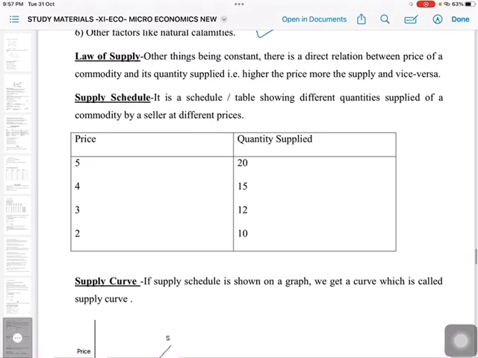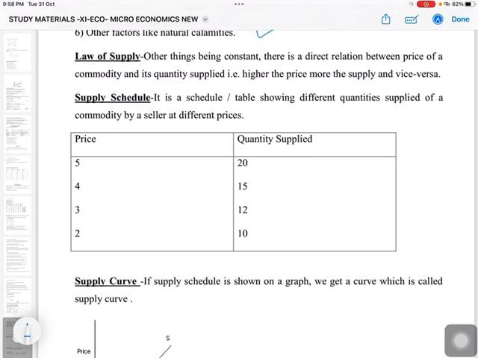You see, law of supply establishes the relationship between price of a commodity and its quantity supply. The law states that with the rise in price, quantity supply of a commodity rises, and with the fall in price, the quantity supply of the commodity decreases.